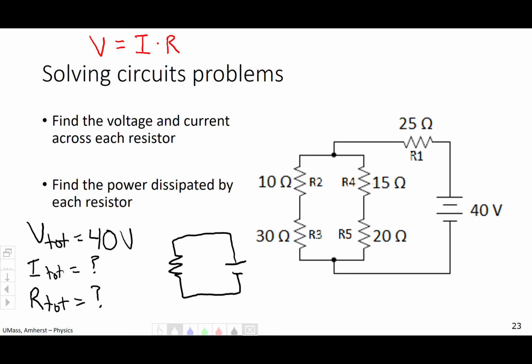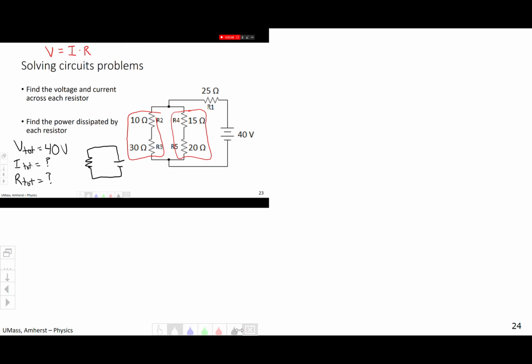Let's start with these. So let's find the equivalent resistance of those two circuit elements. So what we want to do is we want to end up with a circuit that looks like that.